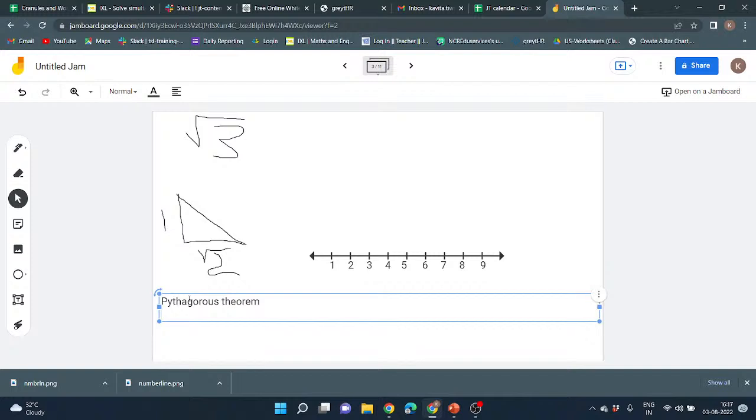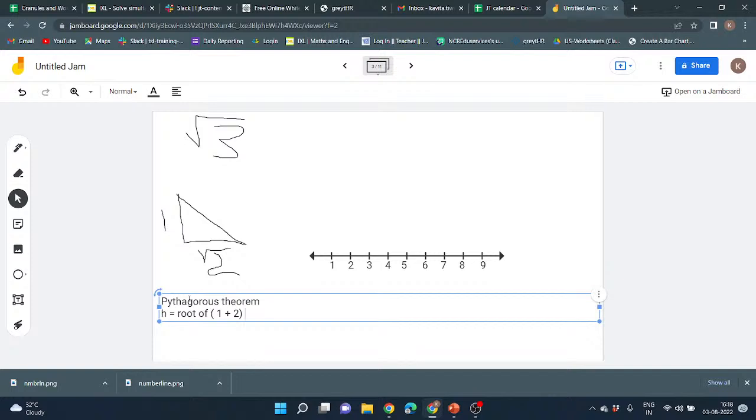Which says that the hypotenuse is equal to the root of the square of the perpendicular plus the square of the base. So here the hypotenuse is root of square of 1, which is 1, and square of root 2, which is 2.